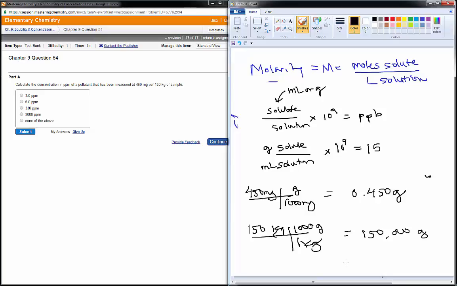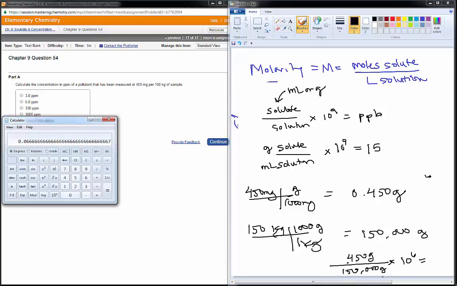And then we can just say 0.450 grams on top for my solute, 150,000 grams on bottom for the total solution. And because they want parts per million, I just multiply it by 1,000,000. And that will give me a concentration of 3 parts per million.